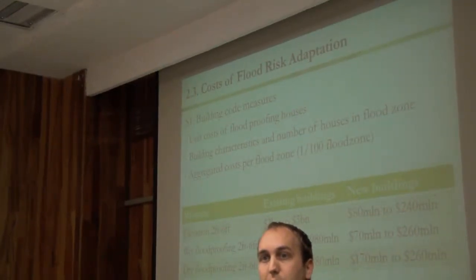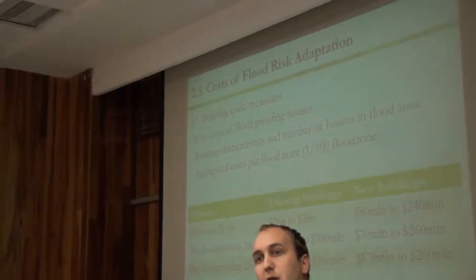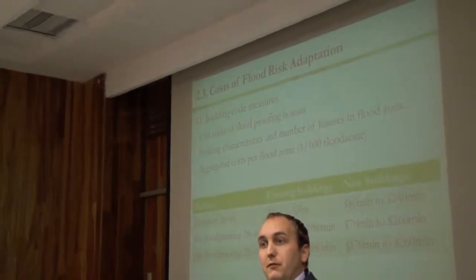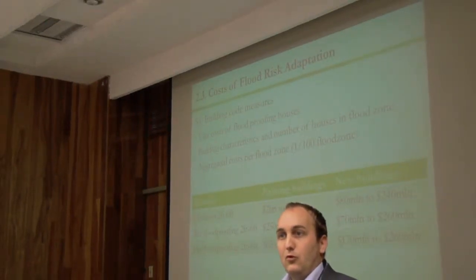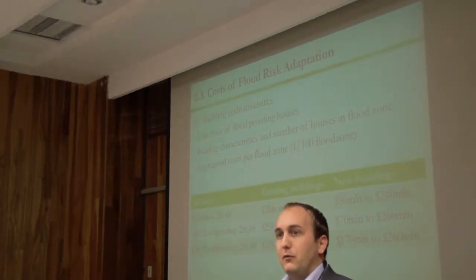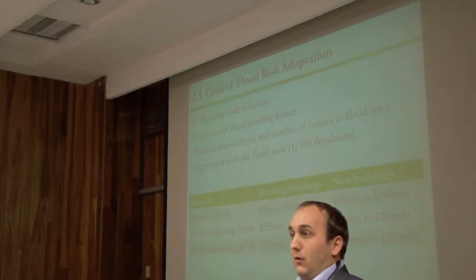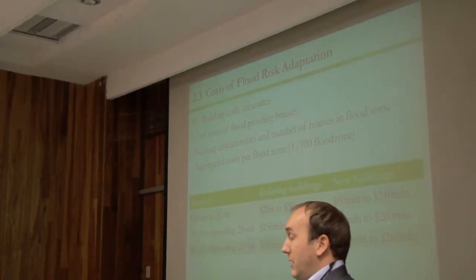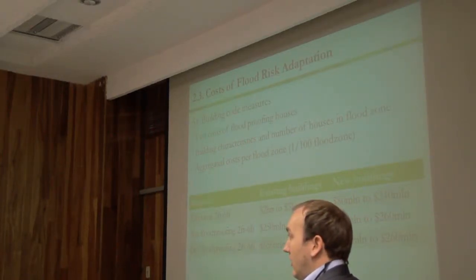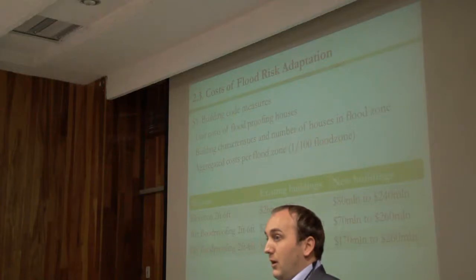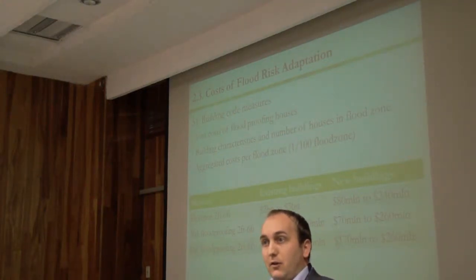of engineers who have estimated how much it will cost to flood-proof these different types of buildings. So how much does it cost to elevate them, to dry flood-proof them, or to wet flood-proof them. And this will depend on what material the building is made of. Then what we did, for every building located in the New York City flood zone, we have information about its characteristics.